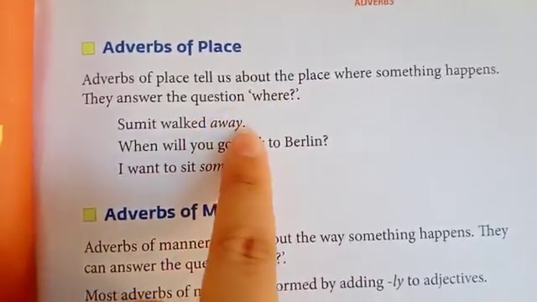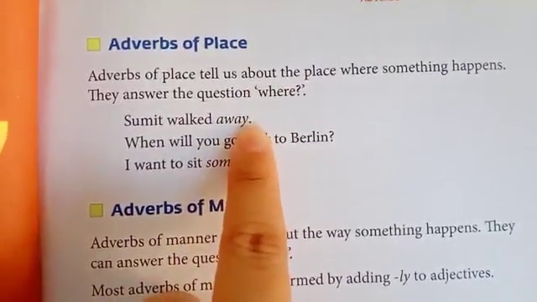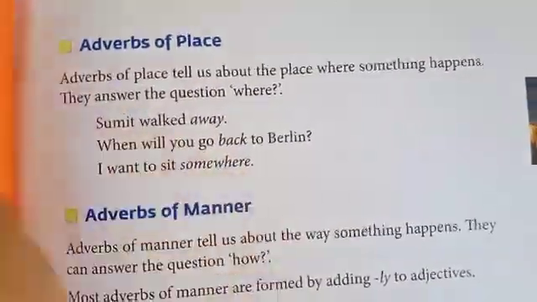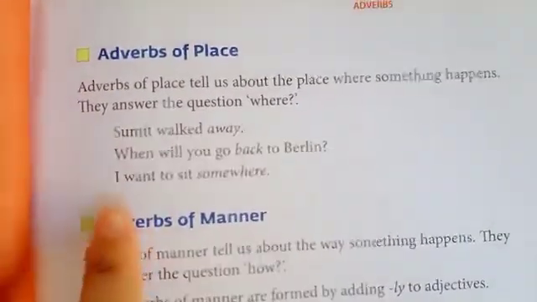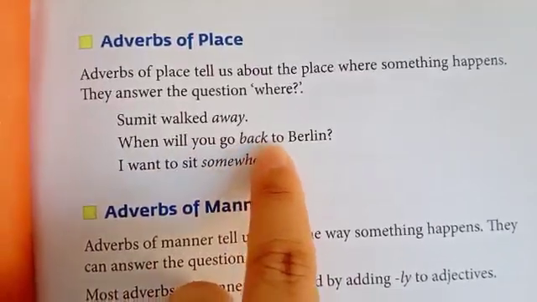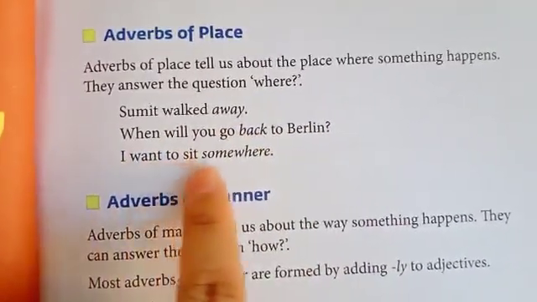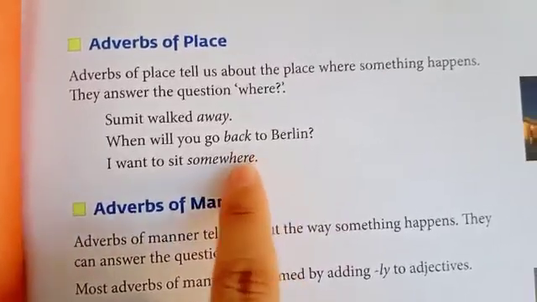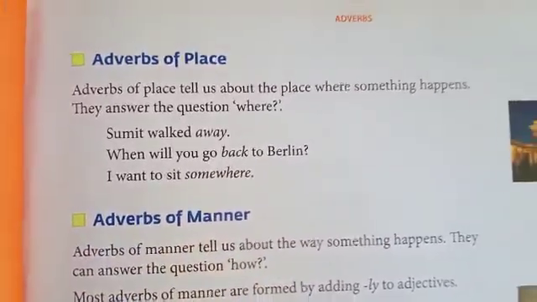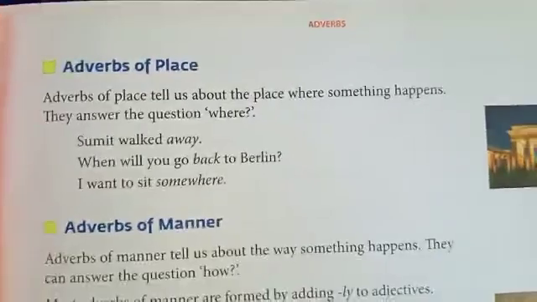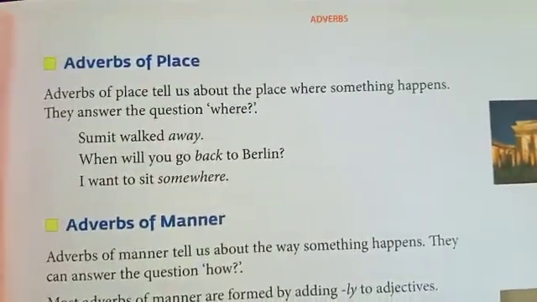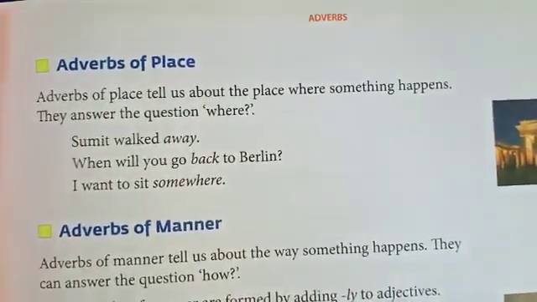Sumit walked away. Okay, where did he walk? He walked away. When will you go back to Berlin? Back. I want to sit somewhere. Somewhere. All these are the adverbs of place which answer the question where.